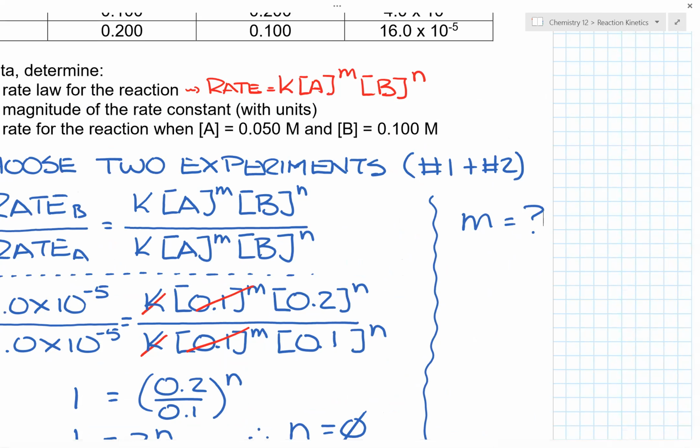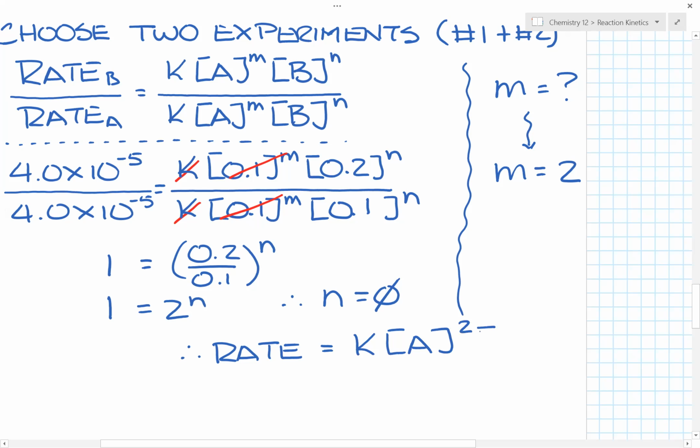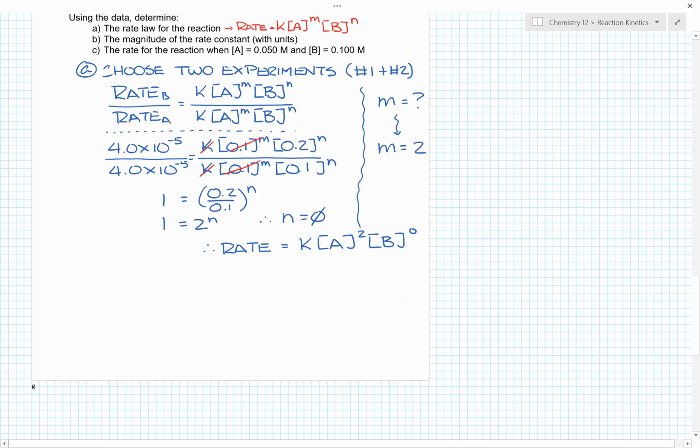And what you will find is that M will be the power of 2. So therefore, the rate law is equal to K concentration of A to the power of 2, B to the power of 0. Okay?